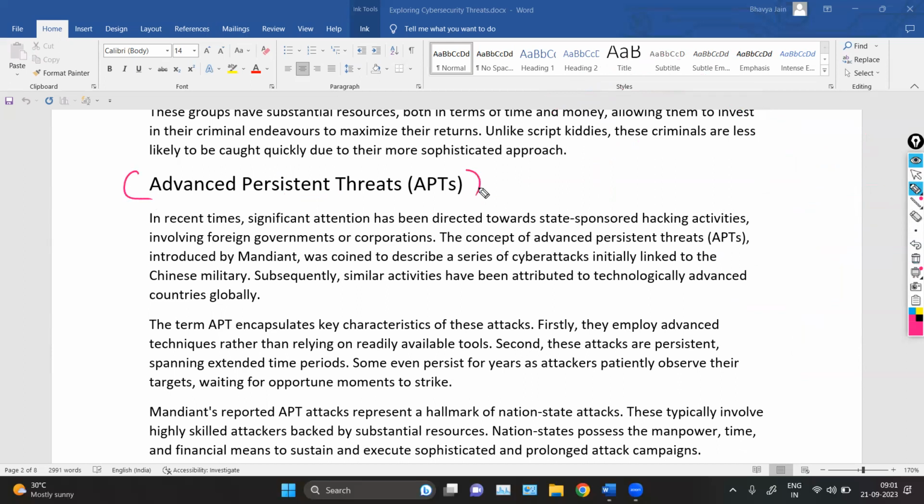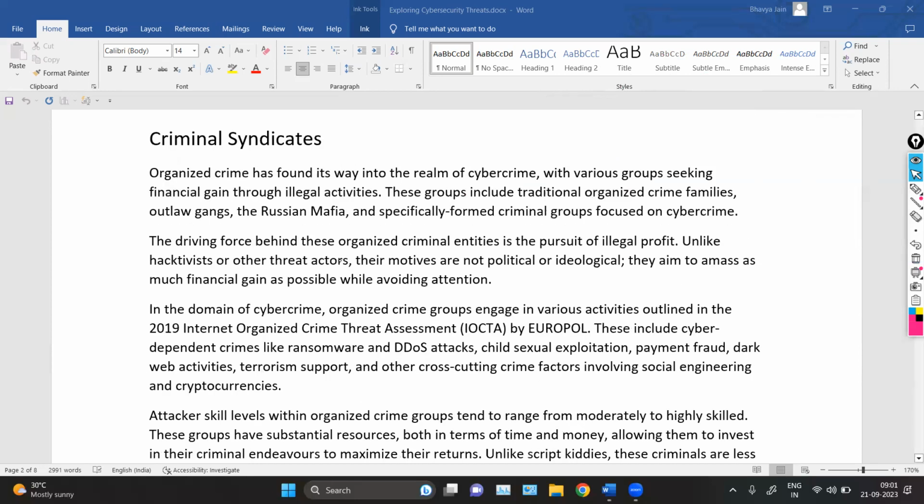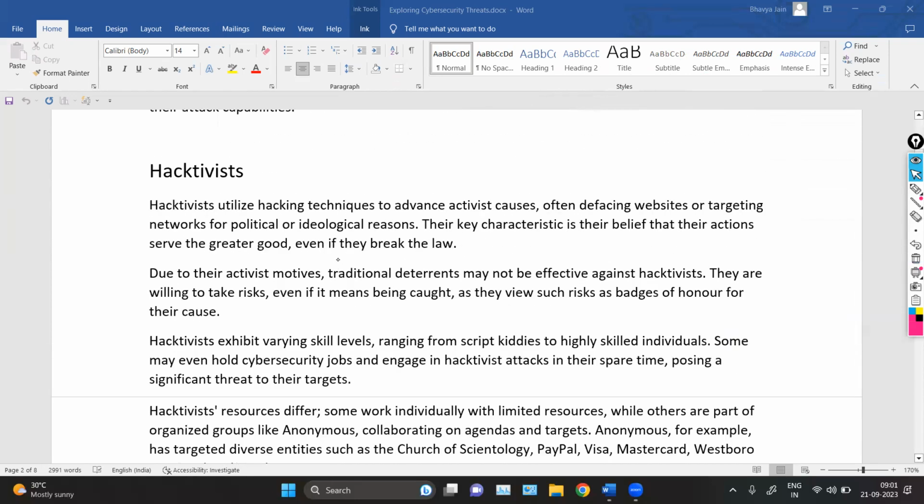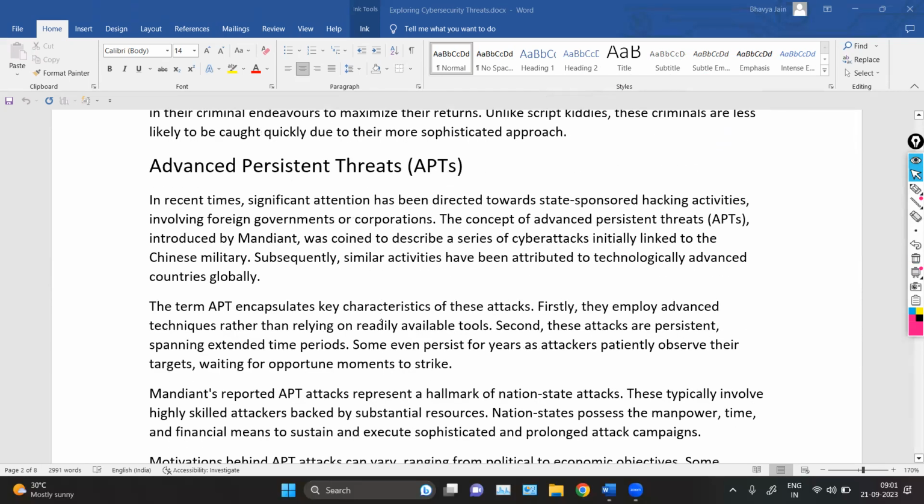It is a concept which we can put in any kind of hacker class. We can put it in hacktivists, criminal syndicates, and script kiddies. Anyone can use this concept, which is creating long-term access inside the systems or the target machine. So it can be performed by any of the hacker classes.